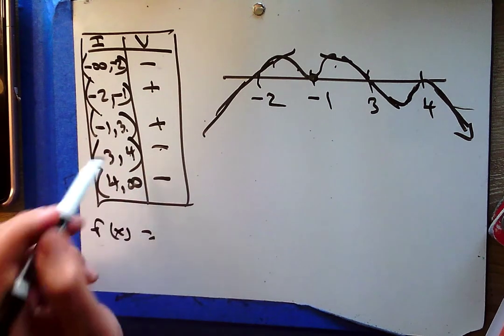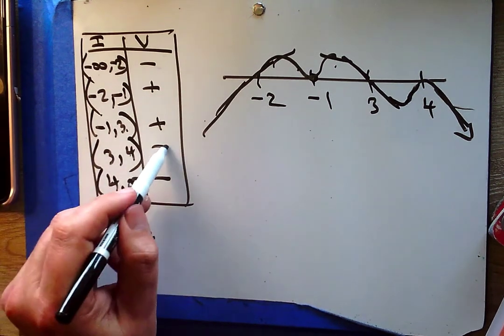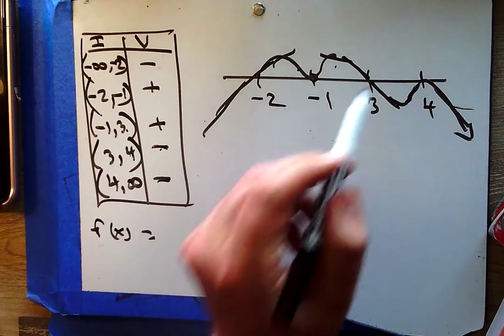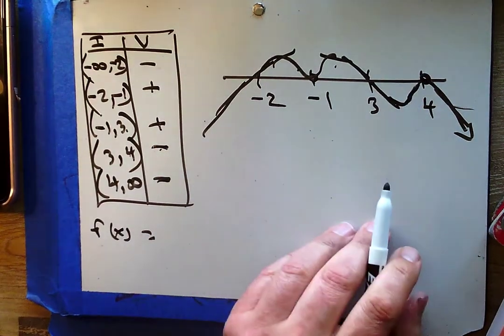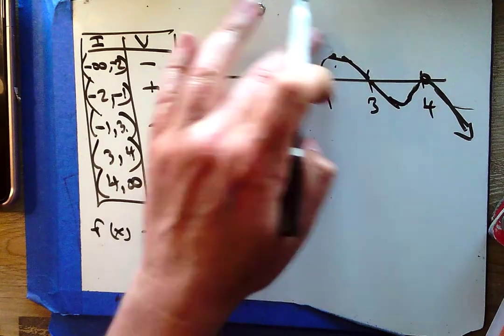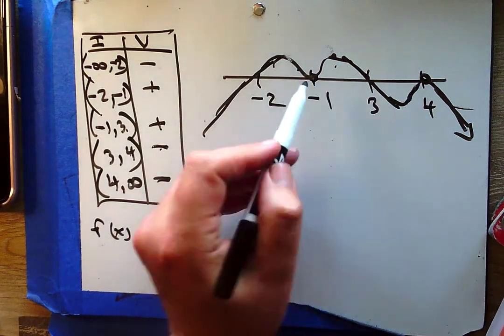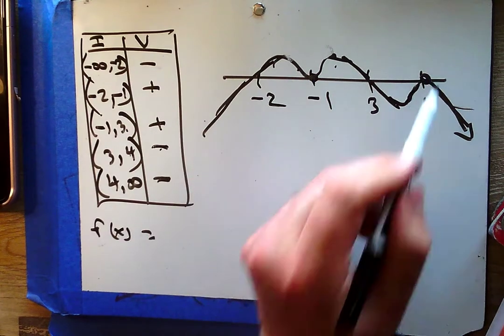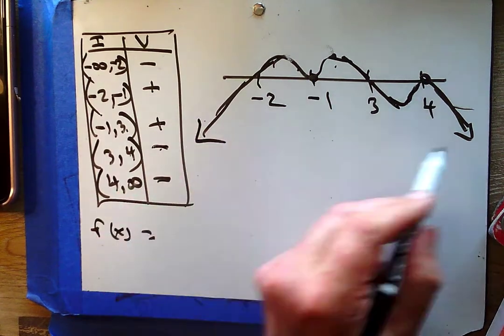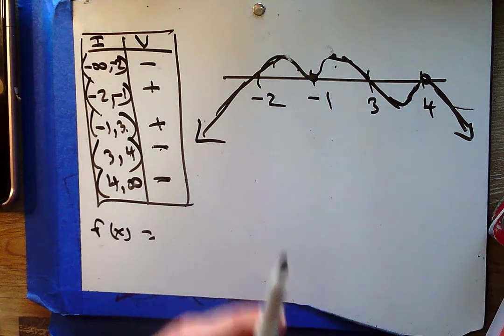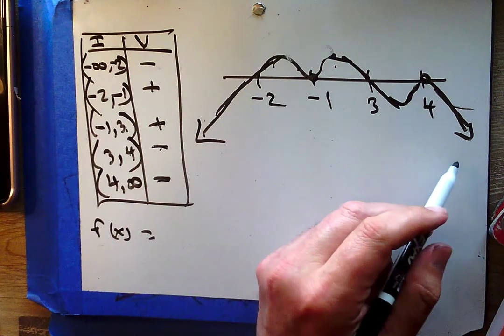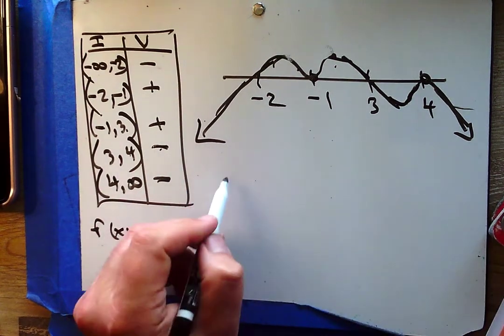So at x equals 4, the function value is not negative. That tells me the function value needs to be 0. So I see here 1, 2, 3, 4 x-intercepts, but I see a bounce here and a bounce here. I also notice that both ends are going down. So I think I have an even degree polynomial with a negative leading coefficient.